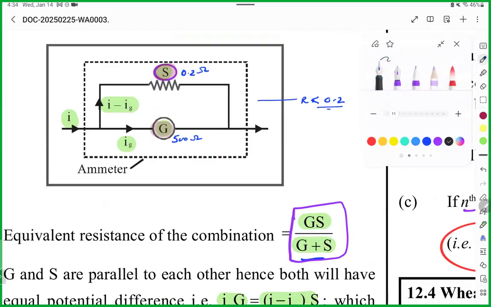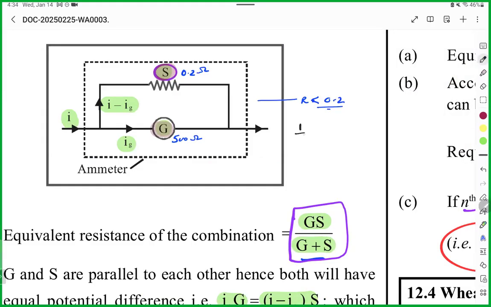To calculate the equivalent resistance: 1 by R1, let's take this G, 1 by R2, let's take this S. So 1 by R equivalent is the LCM, G plus S over GS. Cross multiply, and R equivalent will be equal to this. Make sense, guys?